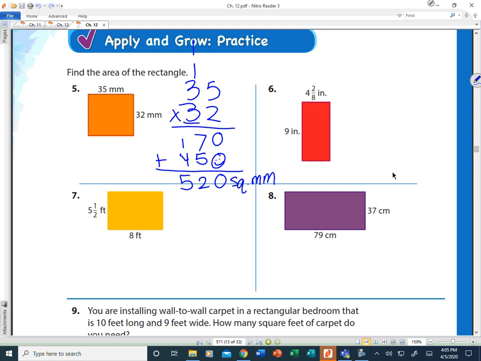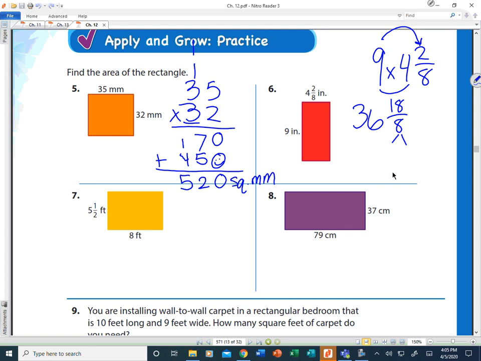Number 6, we have 4 and 2/8 times 9. So 9 times 4 and 2/8. First, I take 9 times 4, which is 36. And I take 9 times 2/8. Well, 9 times 2 is 18, right? So I'd have 18/8. Well, how many wholes can I pull out of that? Well, if I count my 8s, I have 8, 16, 24. 24 is too high.